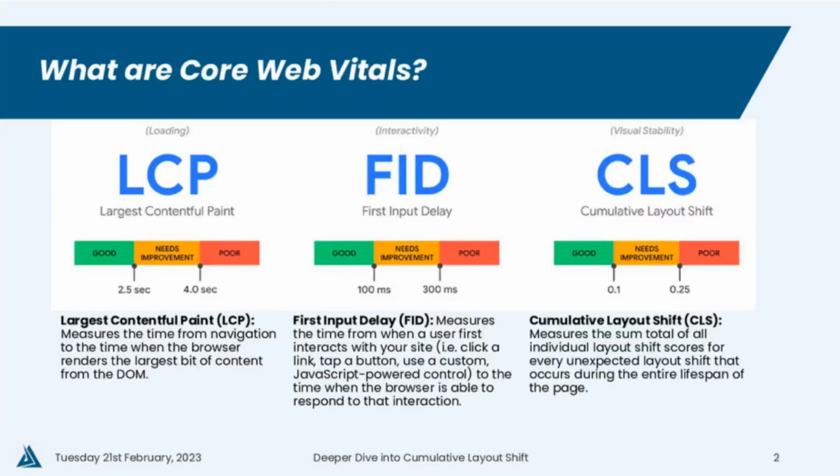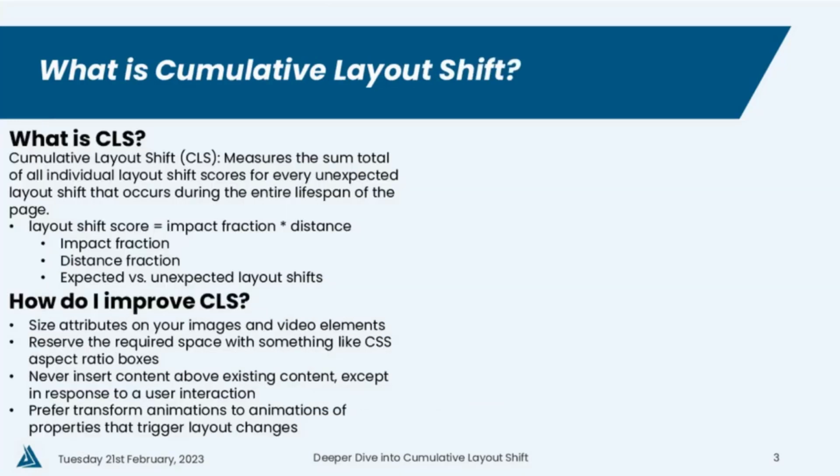We'll be reviewing that here in just a moment, as well as telling you how you can improve CLS using the following techniques and tricks, many of which boil down to keeping your content as set as possible on the page and do not allow for other images to load above already loaded images. If there's something you need to load, if there's something new from the interaction, make sure it's transformative rather than existing content. Again, we're going to go through that, but let's start off first with how that metric is calculated.